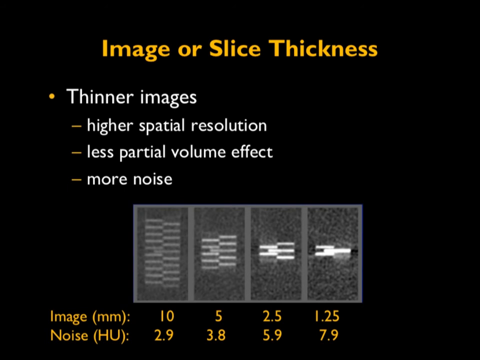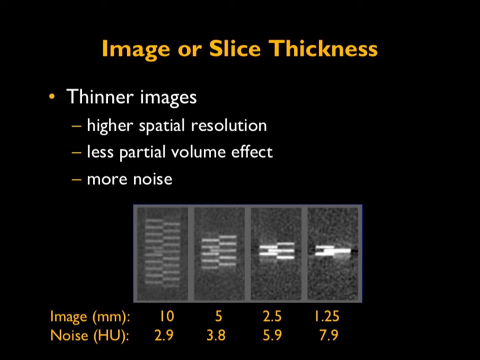That is demonstrated in this particular slice, showing the thinner images have a higher spatial resolution and at the same time less partial volume effect in the Z direction. However, it is also accompanied by more noise. On this particular pattern shown here, the spatial resolution pattern of different slice thickness from a phantom, the images acquired at 10 millimeter have an image noise of 2.9, all the way to 1.25, where the image noise is higher.